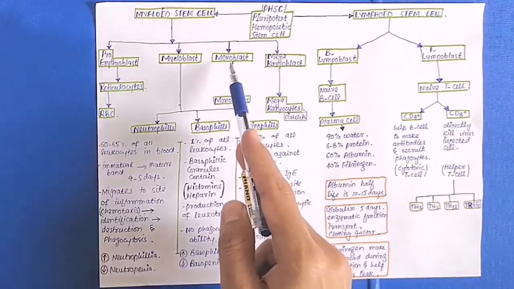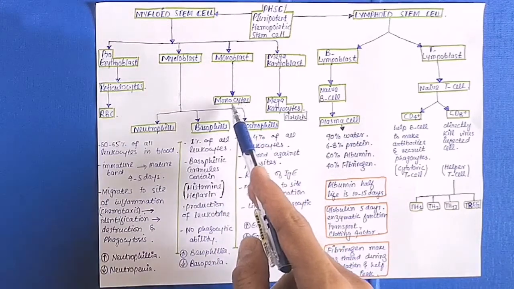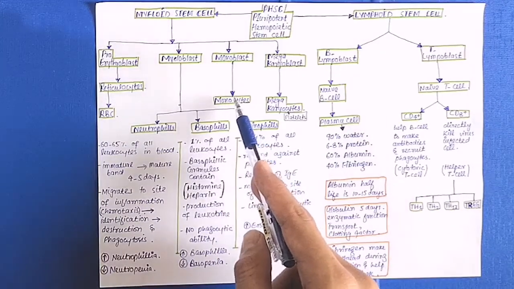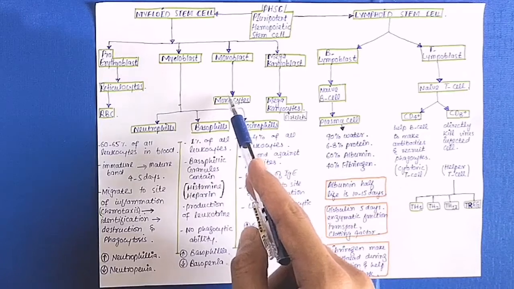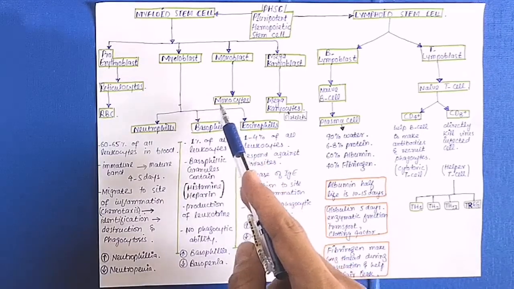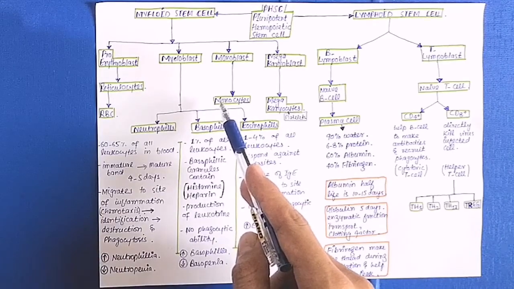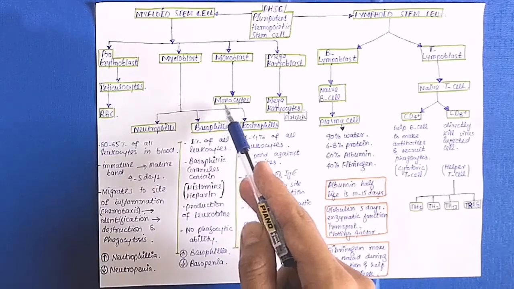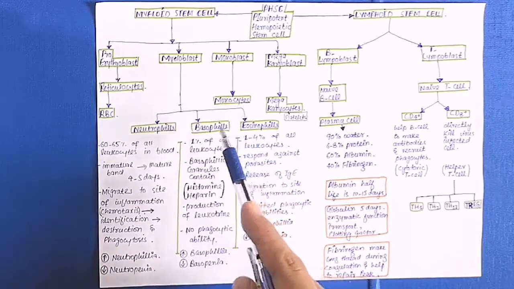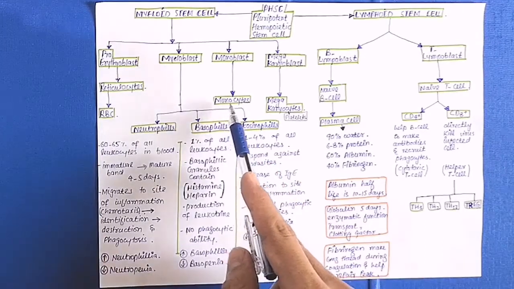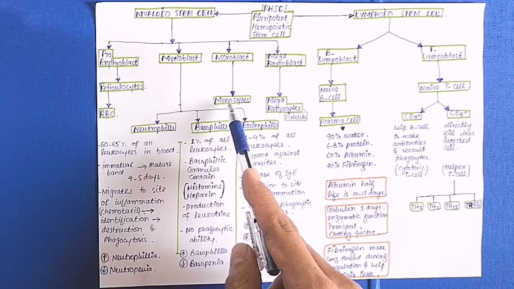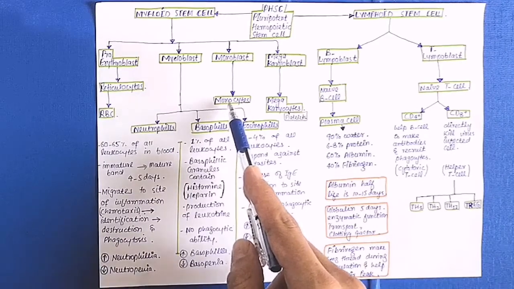And we have monoblast. Monoblast becomes monocytes in blood, and their lifespan is about 10 to 20 hours in blood, and when they travel towards the tissue, they swell and enlarge in size and become tissue macrophages. In this form, they can live for months unless destroyed by phagocytic functions.